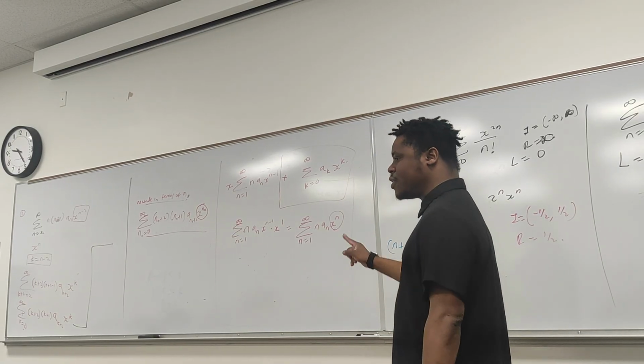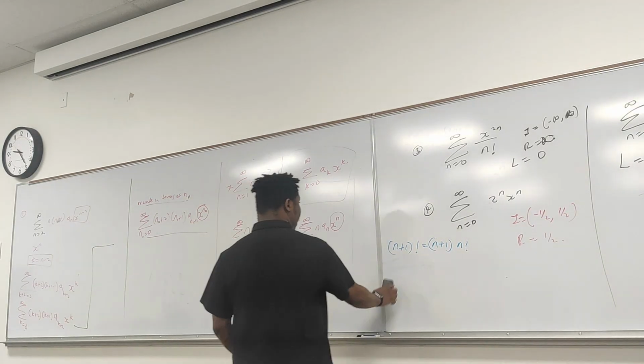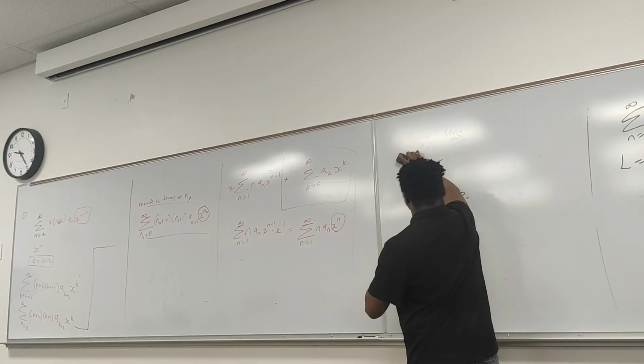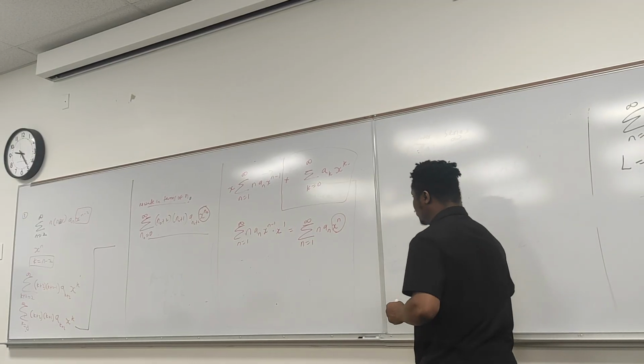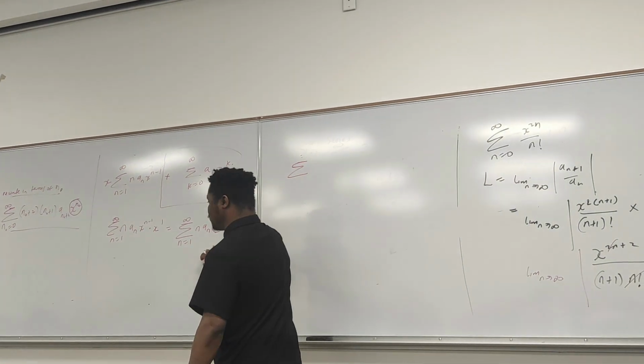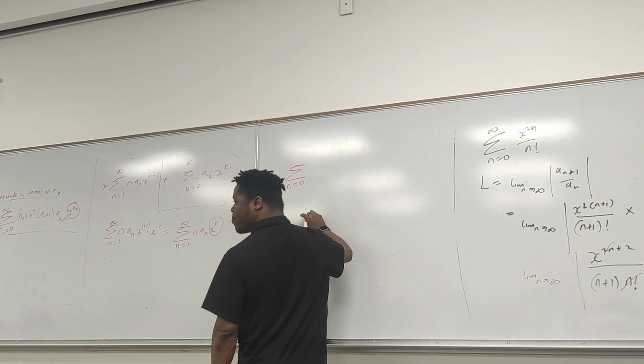Now, how do we shift this to start from 0? Let me show you how you do that. Does anyone know how to shift that to start from 0? So let's assume this guy here is summation. We want to shift this to 0. Summation n from 0.